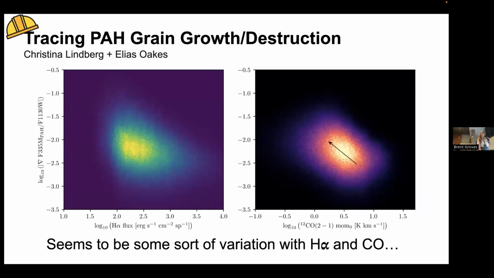We find generally that PAH grain size changes happen primarily in lower H alpha regions. There also seems to be some sort of correlation with CO, but this is very preliminary, very rough, but kind of exciting to see any form of trend at all, not just pure noise.